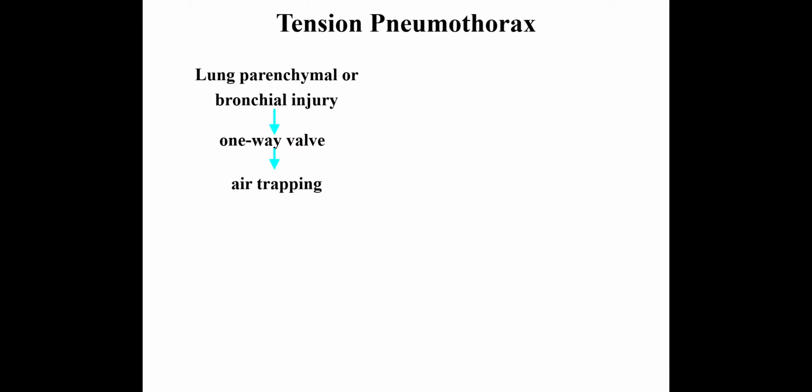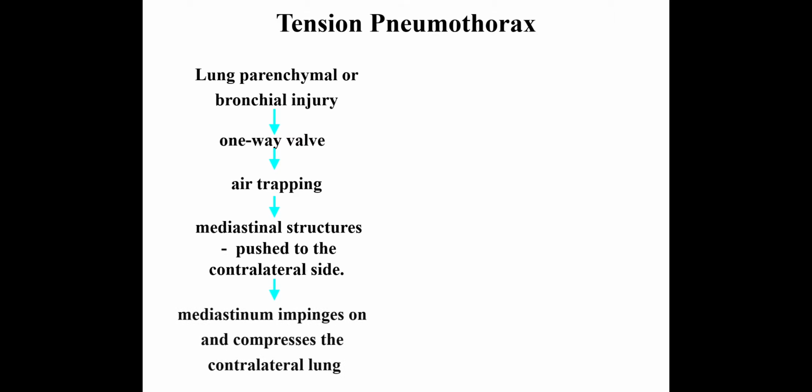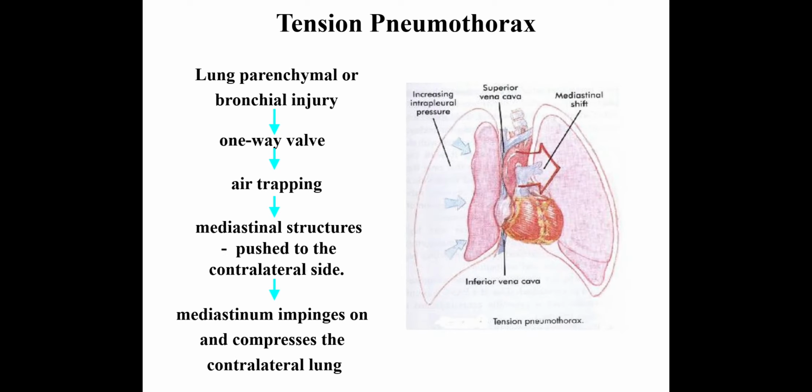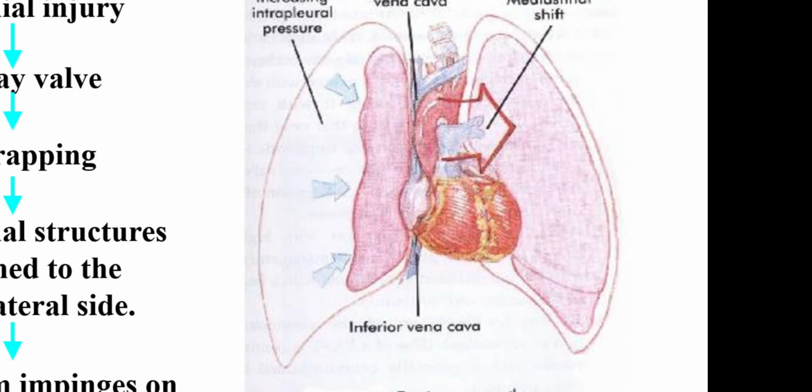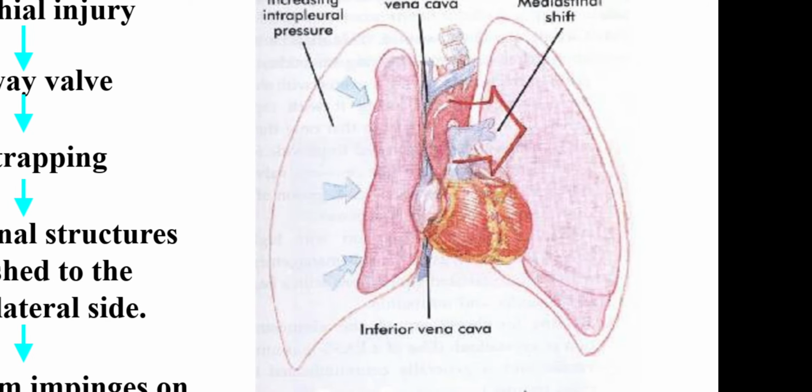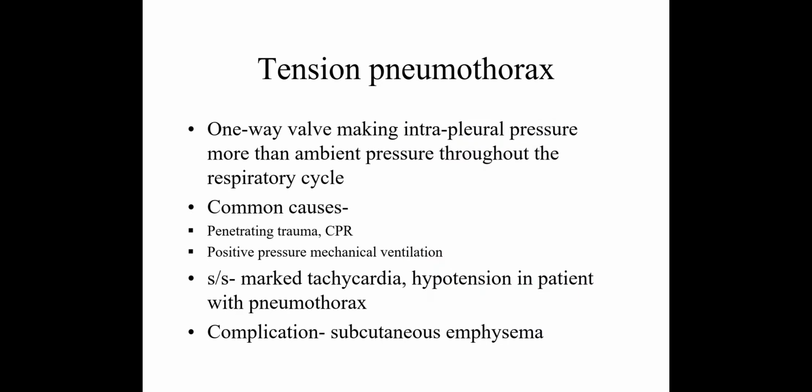So with time there will be progressive accumulation of air within the pleural cavity, causing complete lung collapse on the ipsilateral side, with compression on the contralateral side and shifting of the mediastinum. Like this, complete collapse of the ipsilateral lung with shifting of the mediastinum and compression on the contralateral lung.